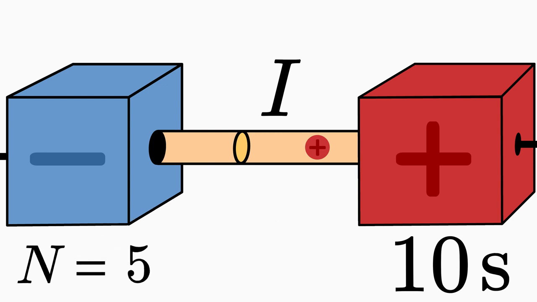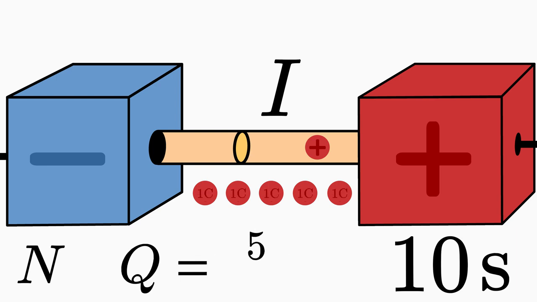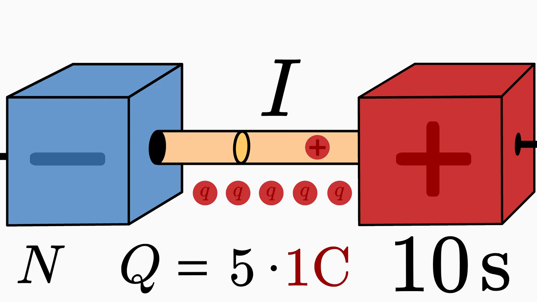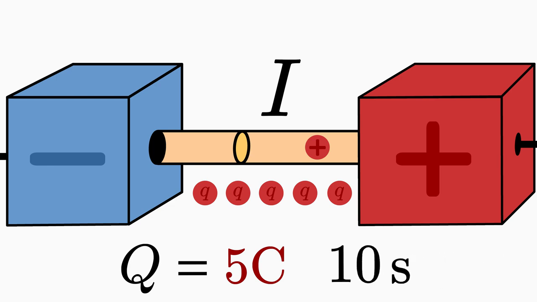Let's label the total charge with a capital Q. If 5 charged particles passed through and each of them transported the charge of 1 coulomb, then in total 5 coulomb were transported. We just multiplied the number of particles N with their charge q. So 5 coulomb of charge were transported through the cross-sectional area within 10 seconds.